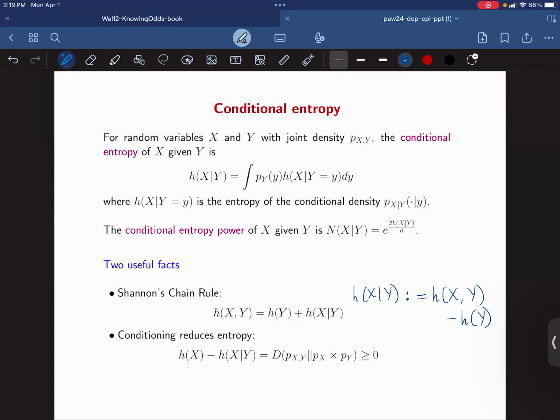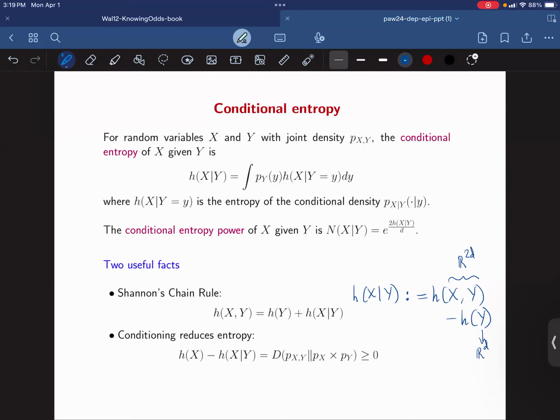And the point is that if x and y are in R^d, for example, then this is a random vector in R^2d, whereas this is a random vector in R^d, right? So those are both differential entropies, but those integrals are with respect to Lebesgue measure on different dimensional spaces. And this difference is called the conditional entropy of x given y.